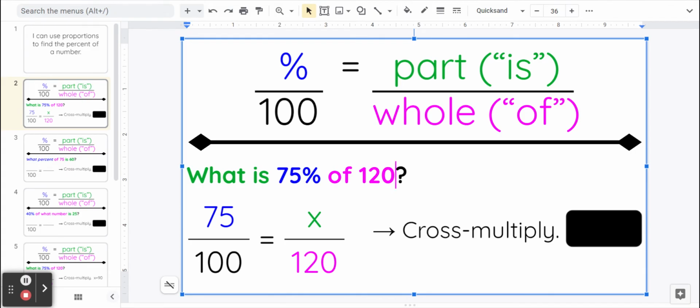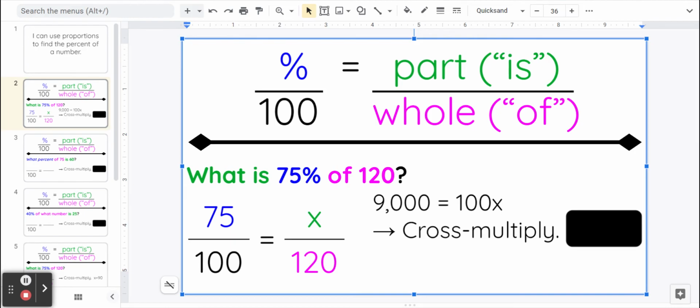All right, so if we multiply straight across like this, 120 times 75 is 9,000. And then if we cross multiply the other way, we get 100x. So 100 times some number is 9,000.